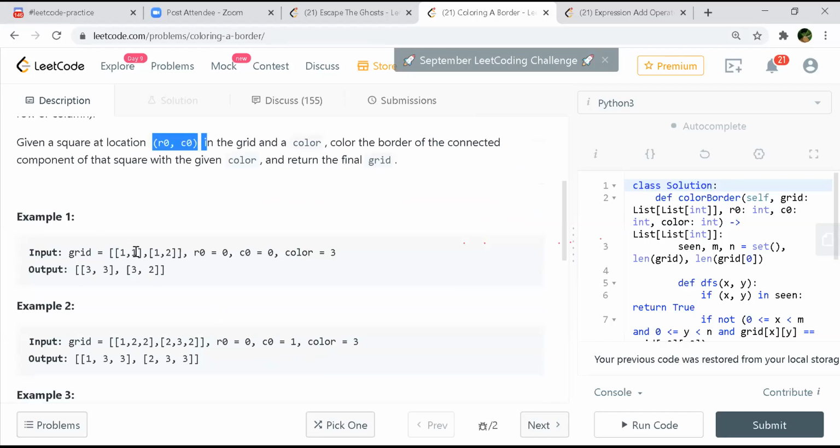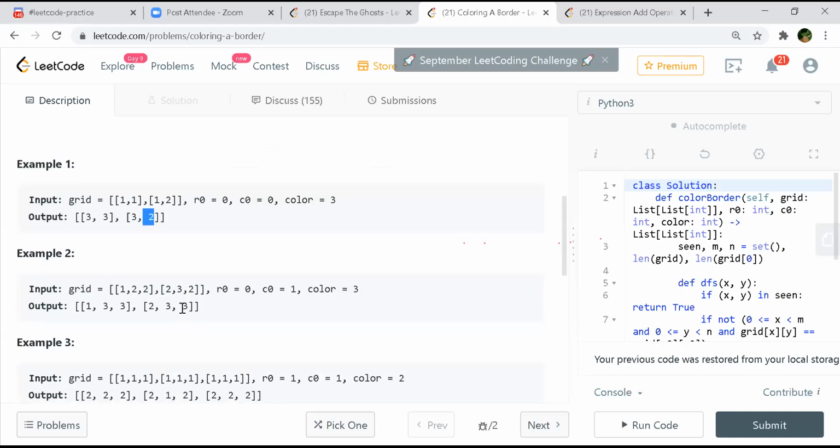So here if you see on the border, 1 1 horizontally and then vertically one more 1 is there, and the color given to us is 3, and we have to start from 0 0. Since all these 1s are connected, same color, we are painting them with 3 3, and for the last one only one color we are left with, 2. And coming to this again we can see 2 2. Again 1 2 2.